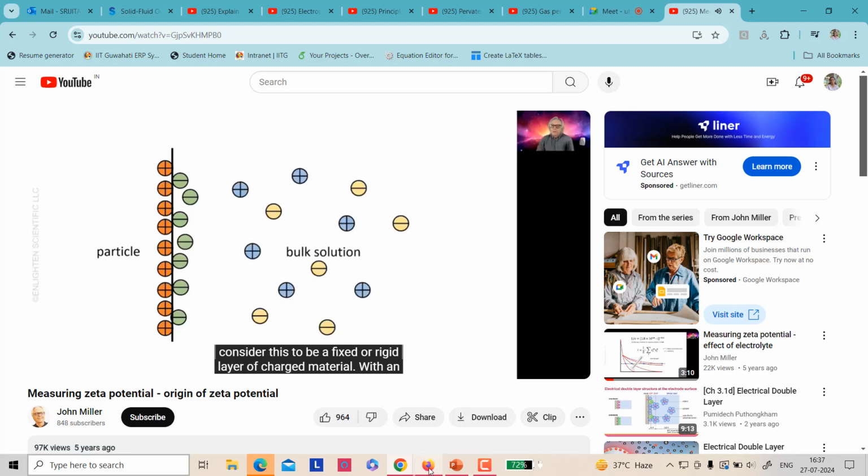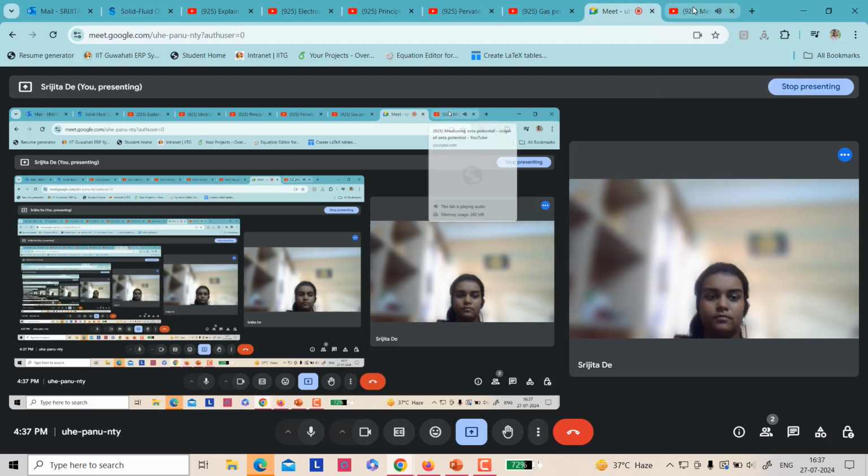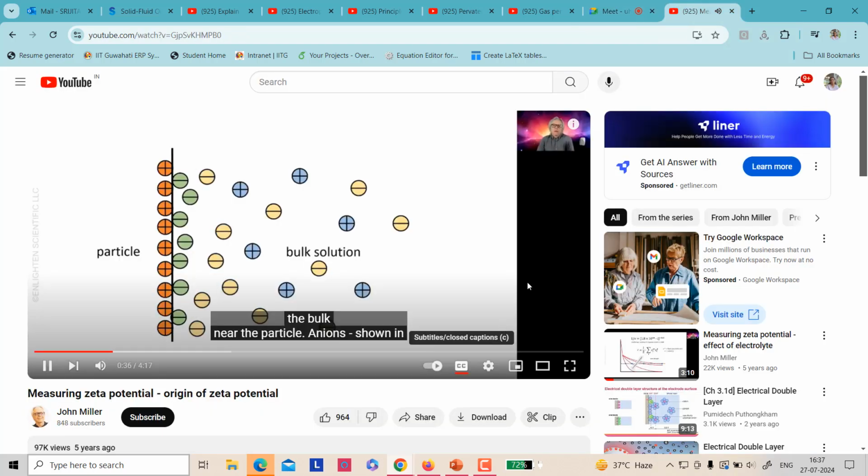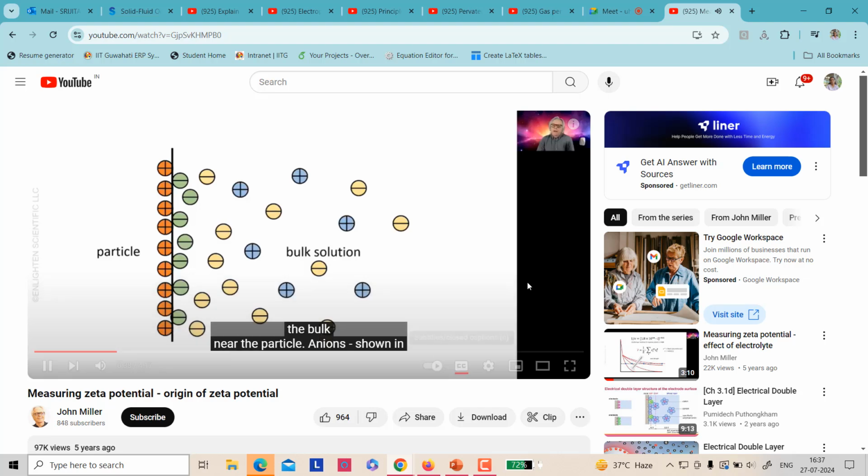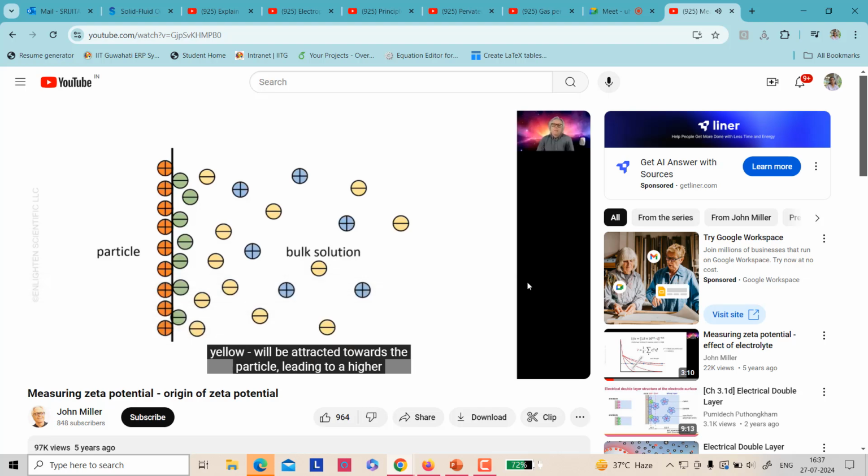With an electrolyte solution, there's a uniform distribution of anions and cations in the bulk. Near the particle, anions, shown in yellow, will be attracted towards the particle, leading to a higher concentration of anions. Similarly, repulsion of cations, shown in blue, will result in a lower concentration of cations.